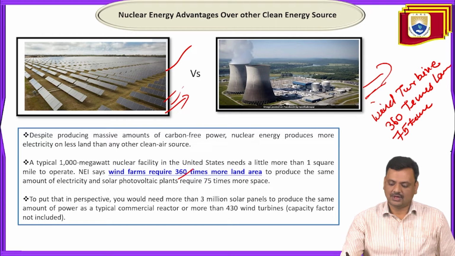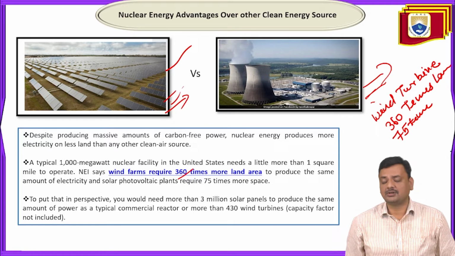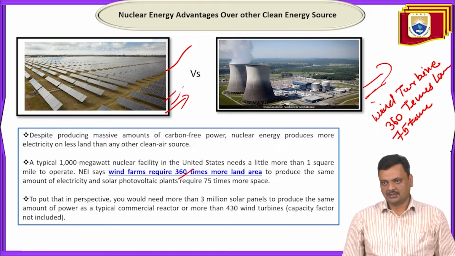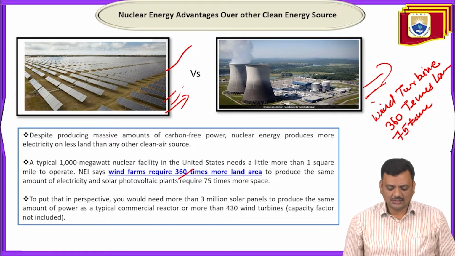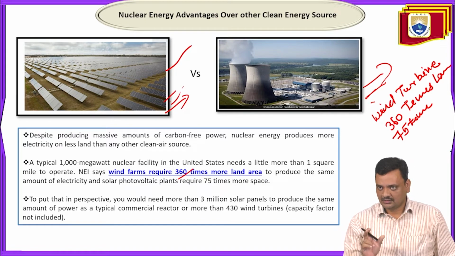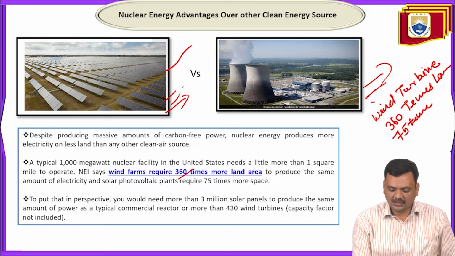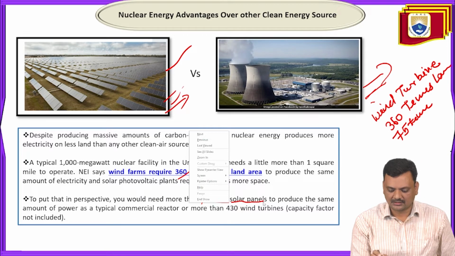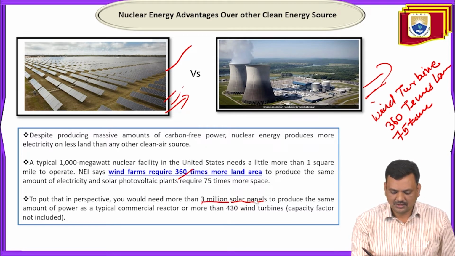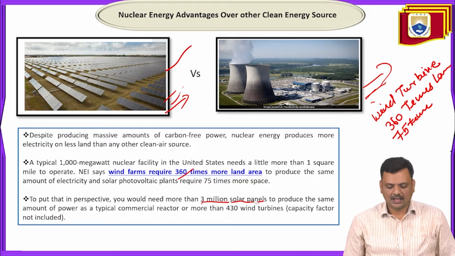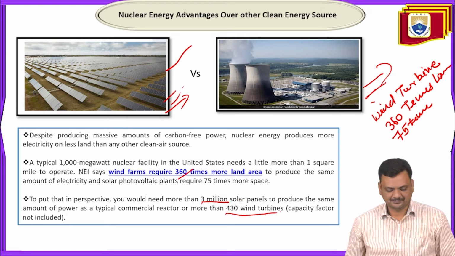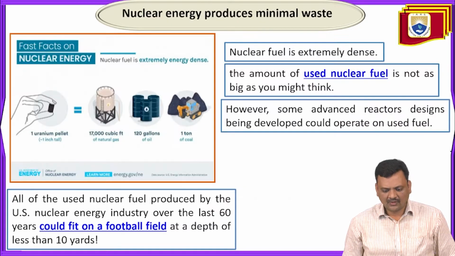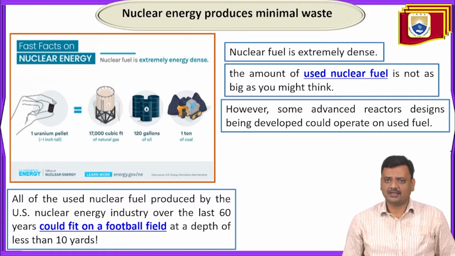Okay, so for generation of the same amount of electricity which is generated by a nuclear power plant, how many solar panels are required? 3 million solar panels, or 430 wind turbines. Okay. So that is one advantage.